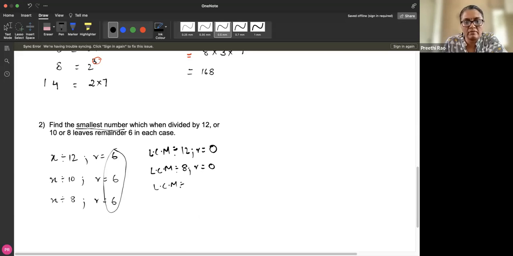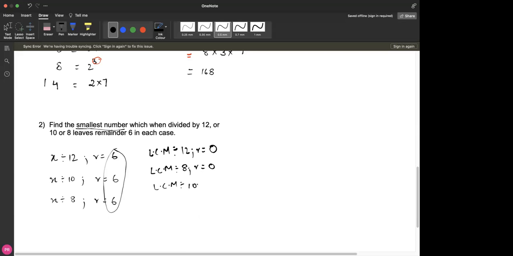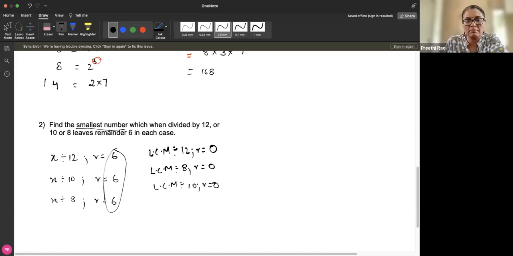Is everyone clear with this idea? Yeah, we are subtracting 6 from the answer we want, and then we can add 6 in the end. So we know that if I have a common multiple, it is a multiple of 12, of 8, and of 10, so the remainder will be 0.